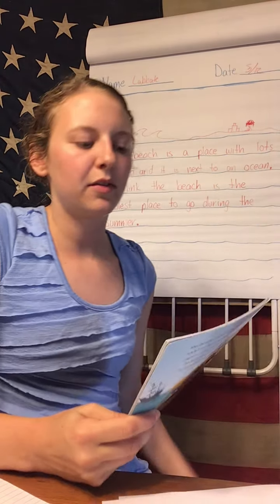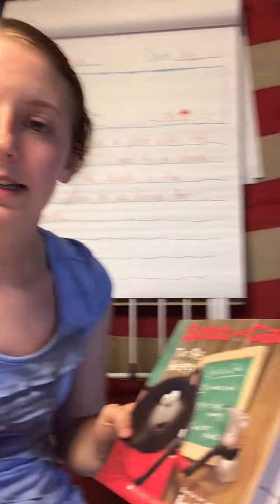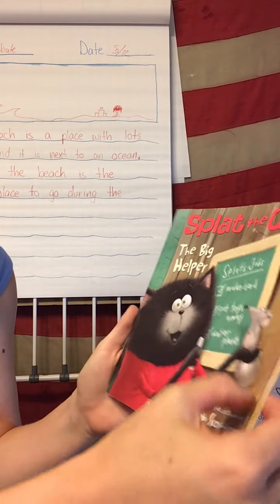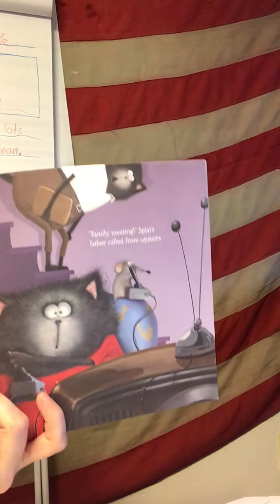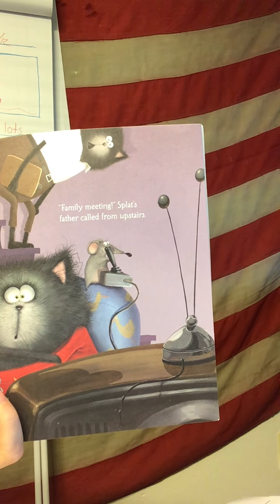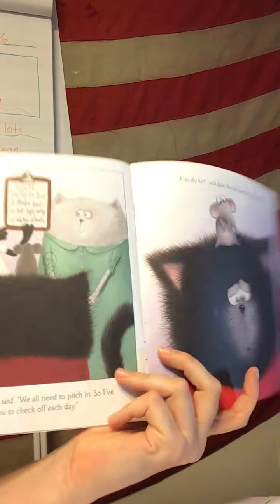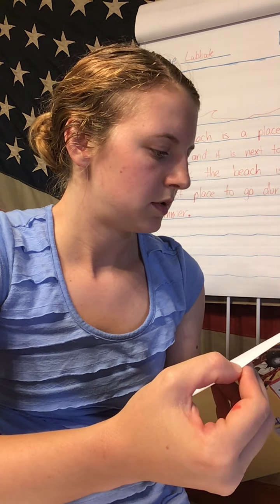I'm back, and I'm going to read you Splat the Cat, the Big Helper. So Splat the Cat, the Big Helper. Family meeting, Splat's father called from upstairs. We're very busy. Oh, I already read this story to you. I am so sorry. I read this last time. I need to get some more books.